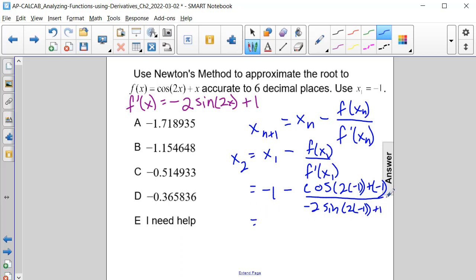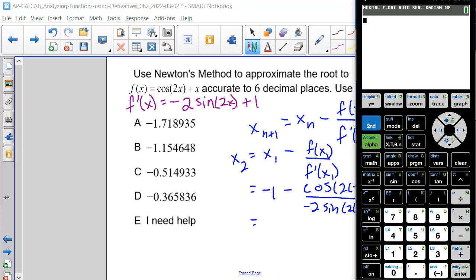And when we put this into our calculator, that's the next part. So we have -1 minus, in parentheses, cosine of 2 times -1 plus -1 and then divided by -2 times the sine.